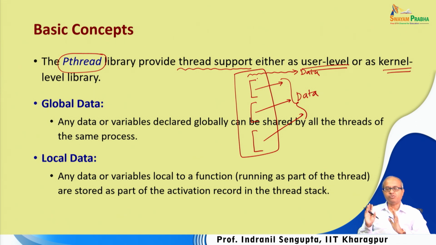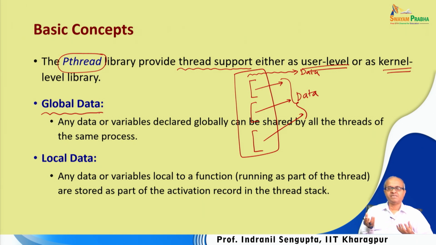So, with respect to pthread, there is a concept of global data and local data. It is very similar to what I just now said. Global data means any data or any variable which you have declared globally in a C program. As I said, global data can be shared by all functions, but with respect to multi-threading we are saying global data can be shared by all threads.